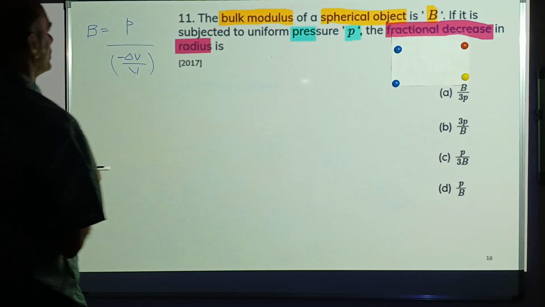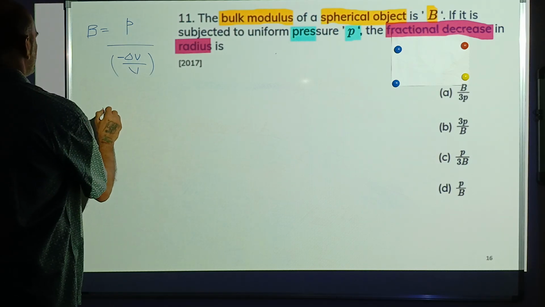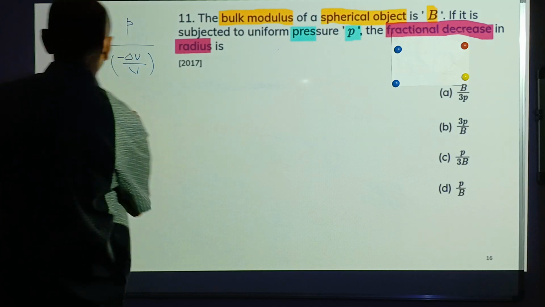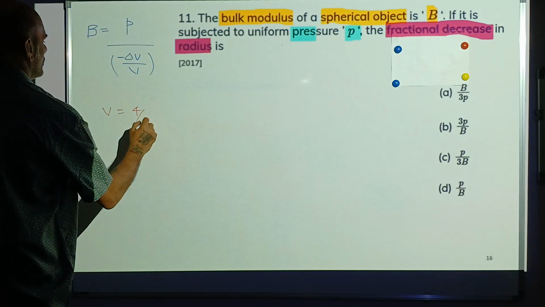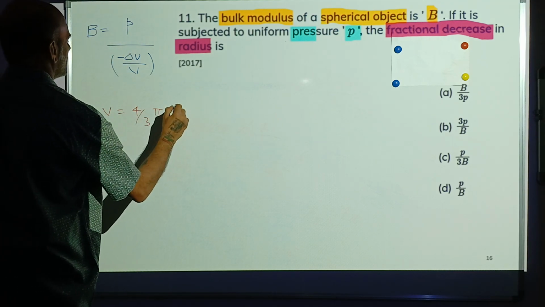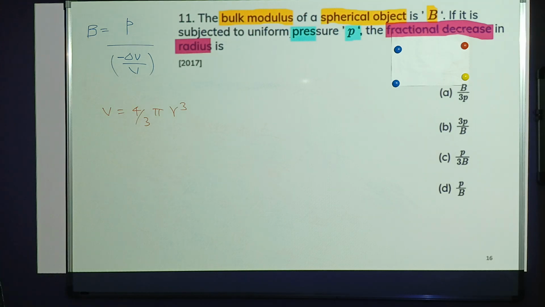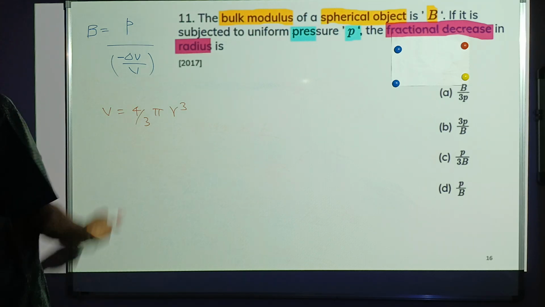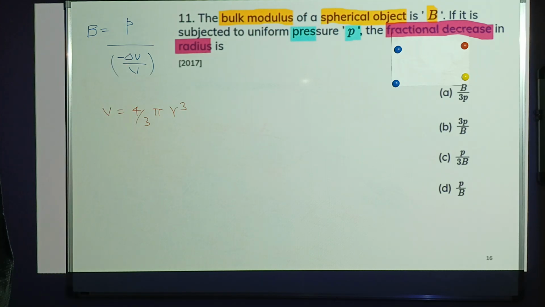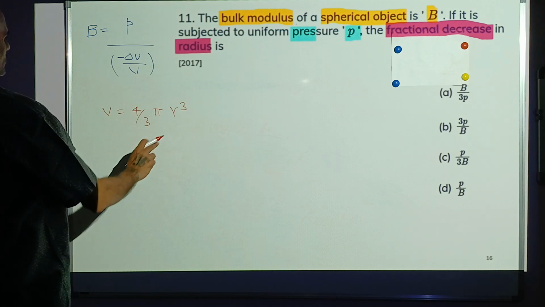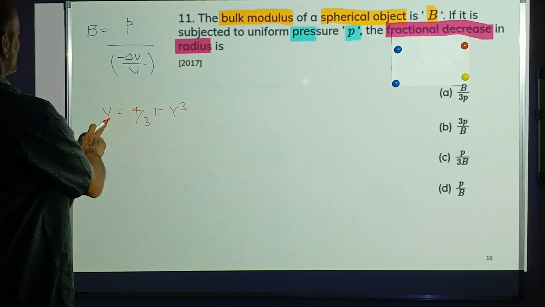And the volume of a sphere, spherical object, is 4 by 3 pi r cube, where r is the radius of the sphere. So you need delta V, which is the same as dV. When the thing is getting compressed, R will change and V will change.